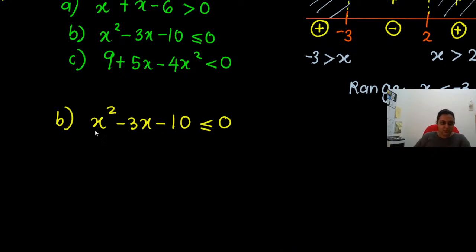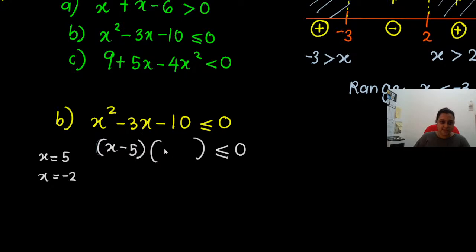So here the roots will be, okay, let's use calculator. A is 1, B is negative 3, C is negative 10. Okay, you get first x, you get 5, second x, you get negative 2. Okay, now when you write in bracket, here is x minus 5, here is x plus 2.